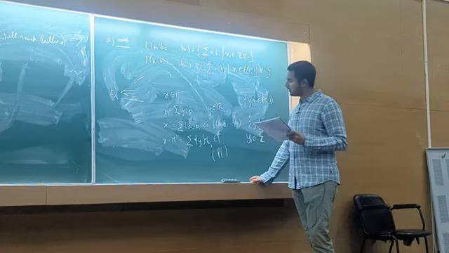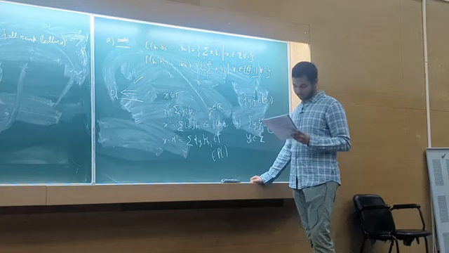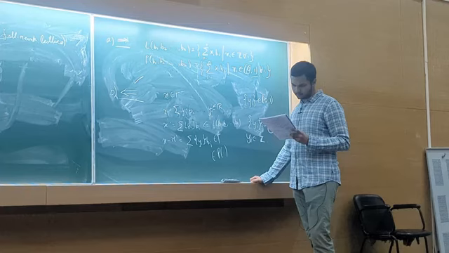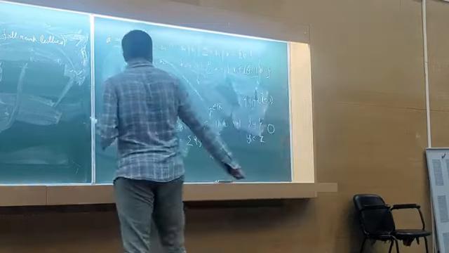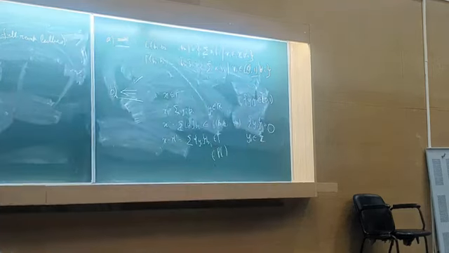So you are saying you are assuming that gamma is the lattice generated by Bi in R2. That is what we are assuming. Okay, so I might have made a mistake in the supposition.